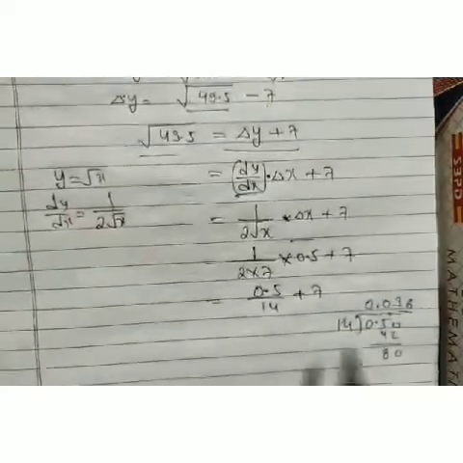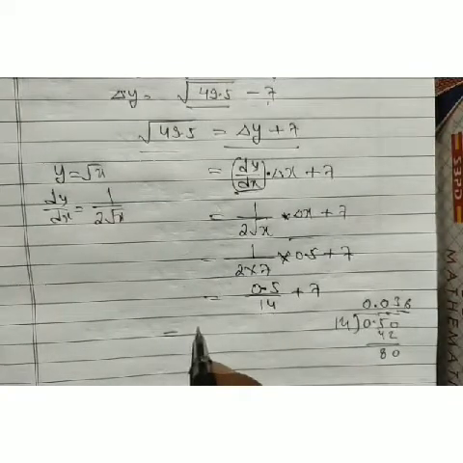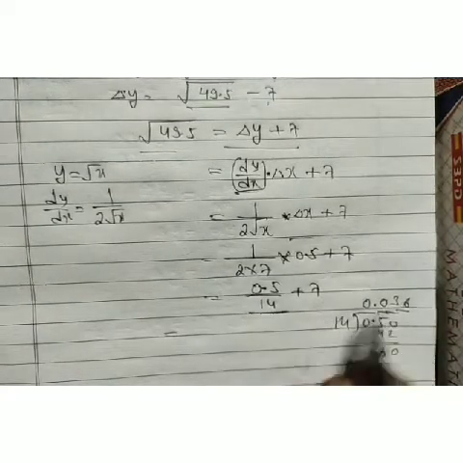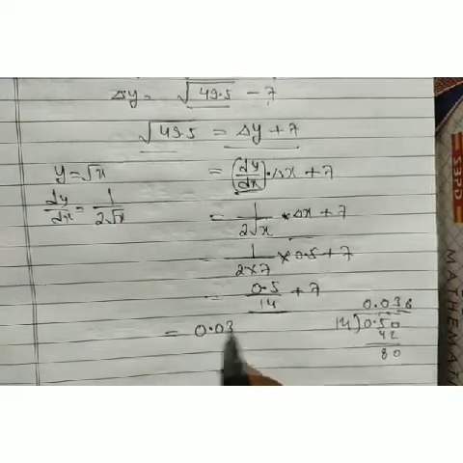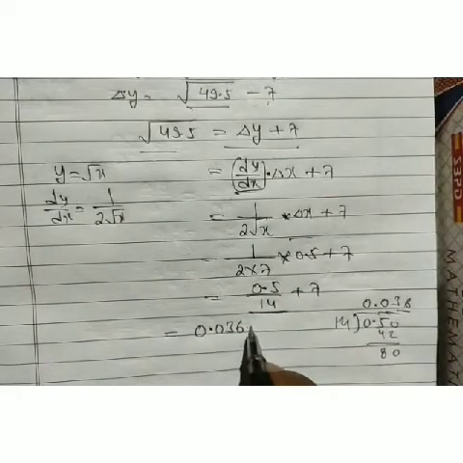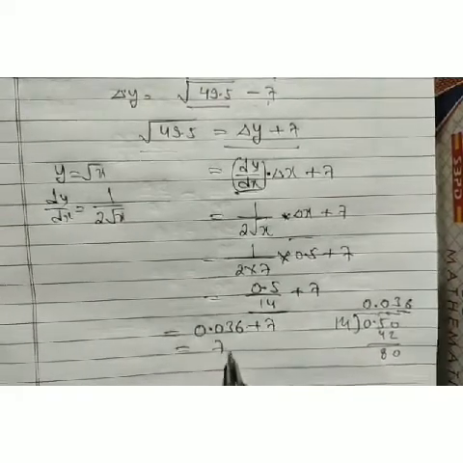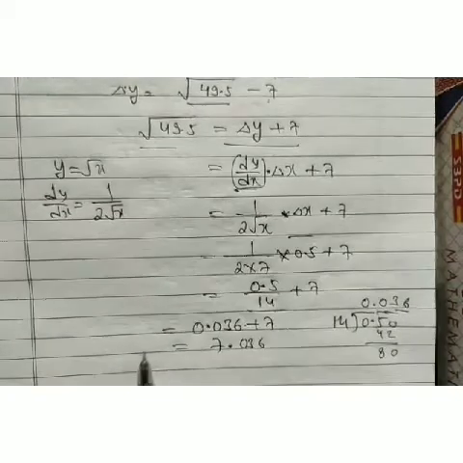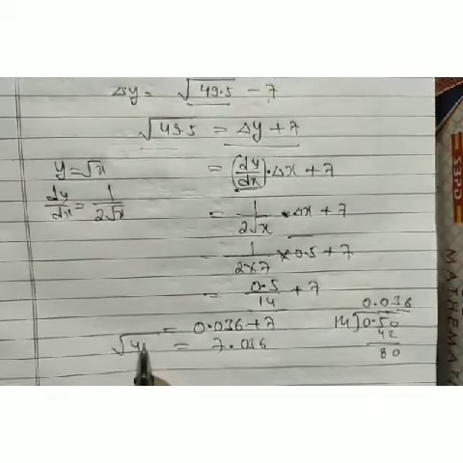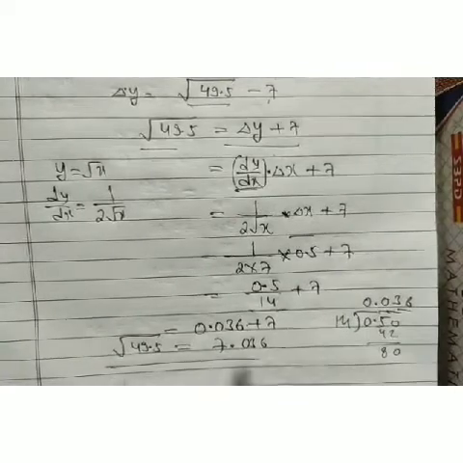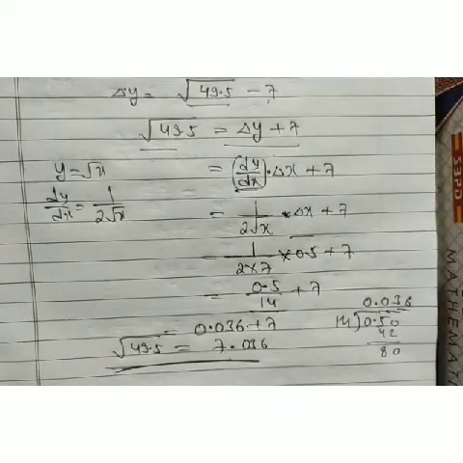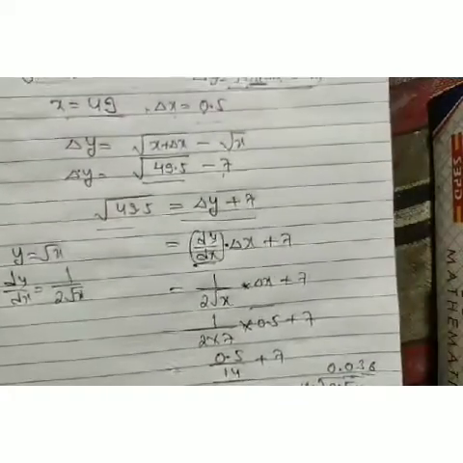It's 0.036. Then plus 7, we get 7.036. This means the value of the square root of 49.5 is 7.036.